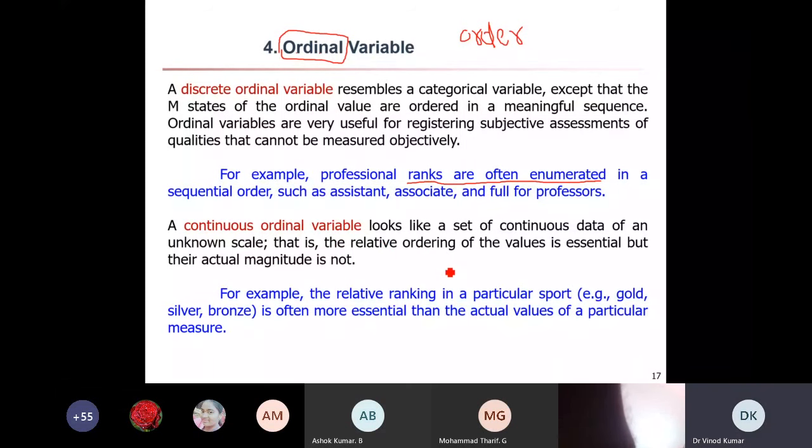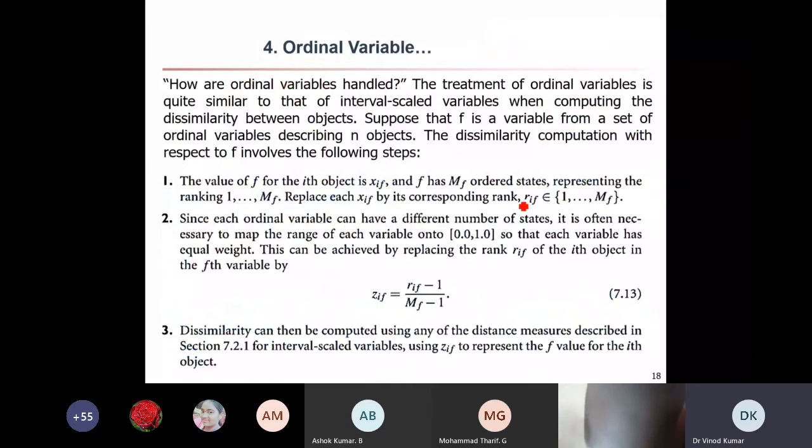So you understood what an ordinal variable is? It is just like categorical, but it has some meaningful order. It may be descending or ascending. It will have a sequential order in a meaningful sequence. If order is not there, then the effect will not be there.